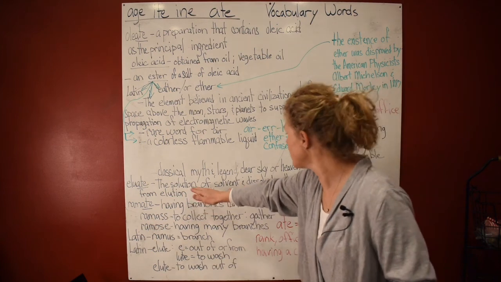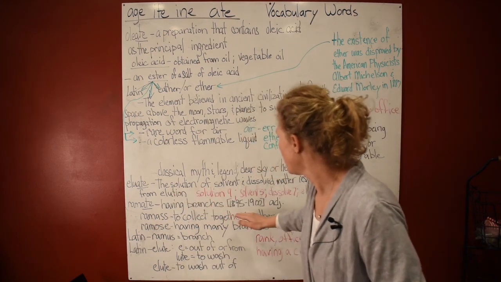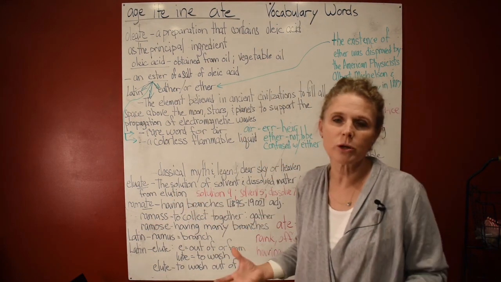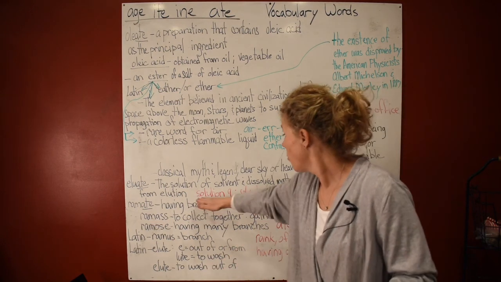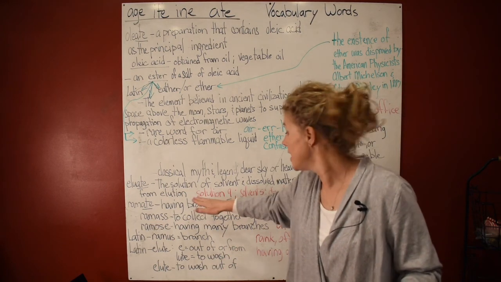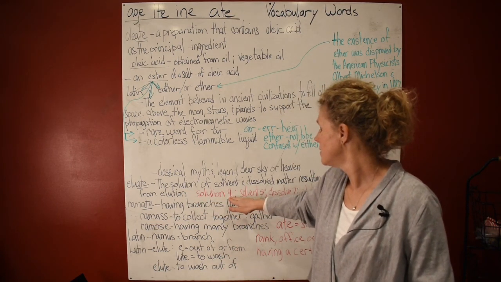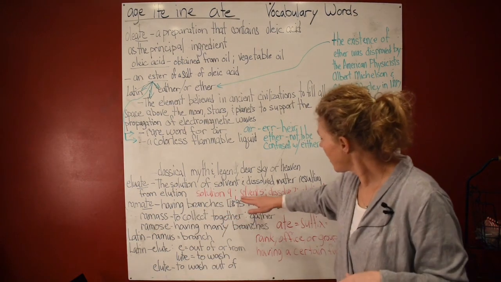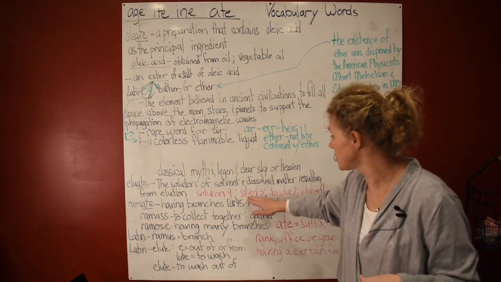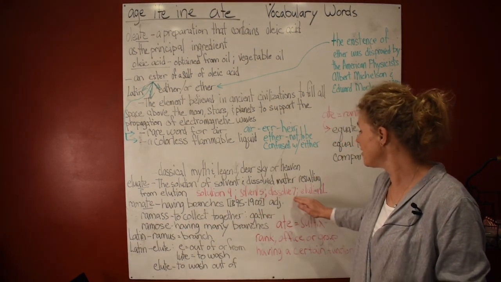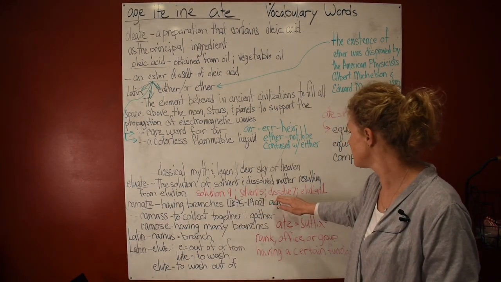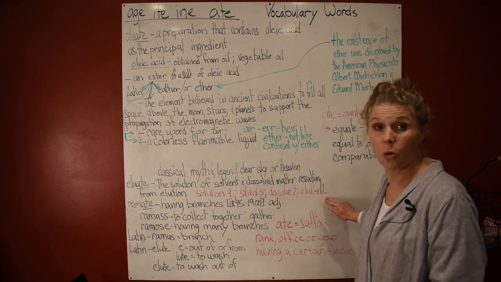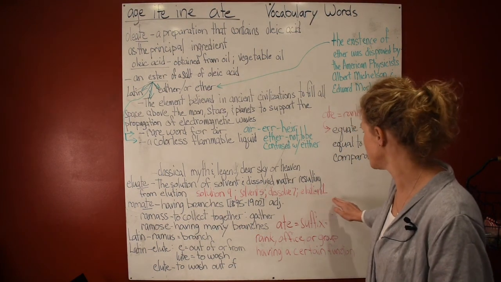So if you go in here and say, okay, let's just make sure we understand what solution is. Well, I go in there and we have 9 definitions of solution, 5 different definitions of solvent, 7 different definitions of dissolve, and 1 definition of elution.